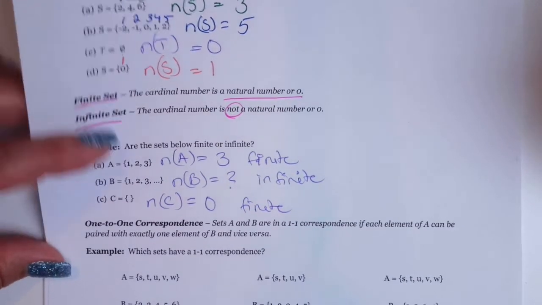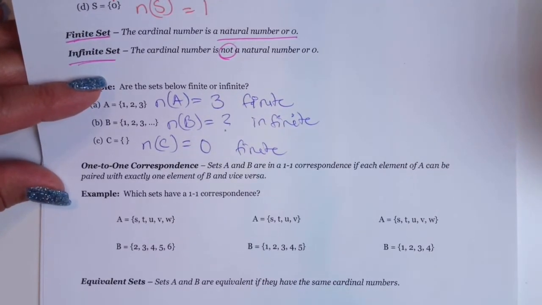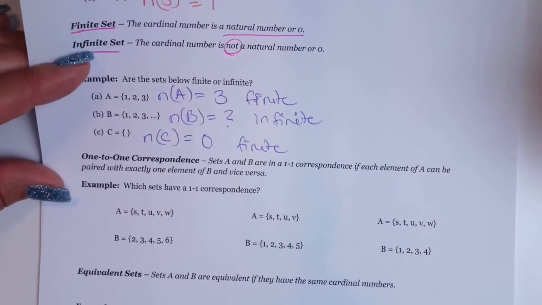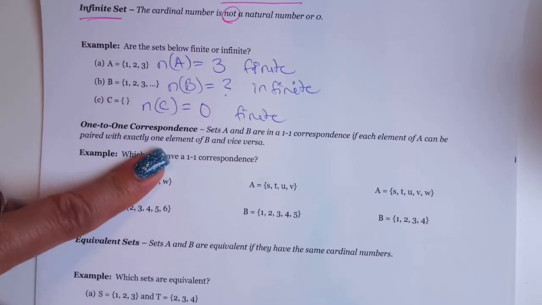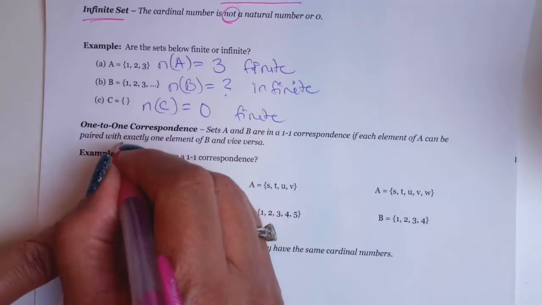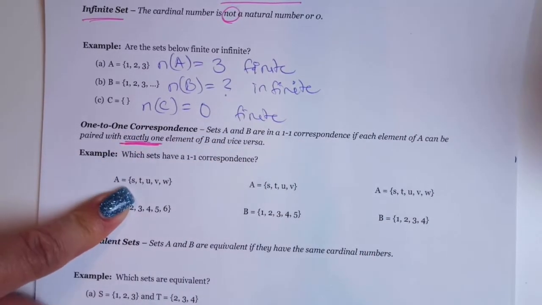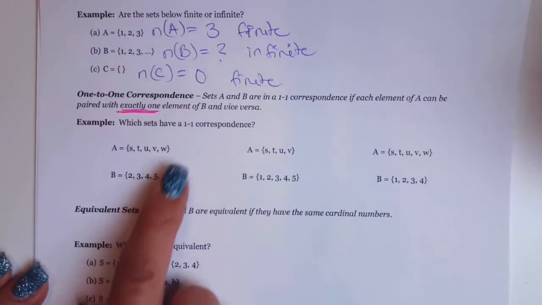Okay, next, one-to-one correspondence. Sets A and B are in a one-to-one correspondence if each element of A can be paired with exactly one element of B and vice versa. Exactly one element. So which sets have one-to-one correspondence?